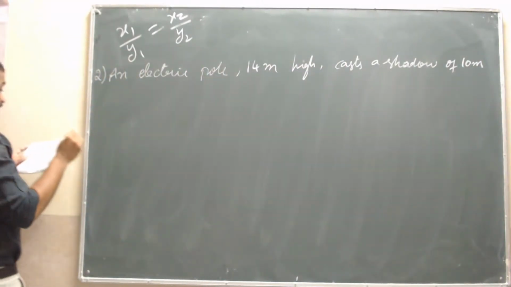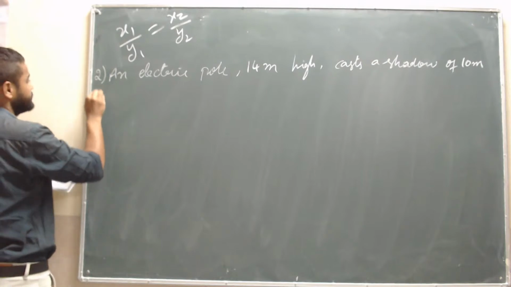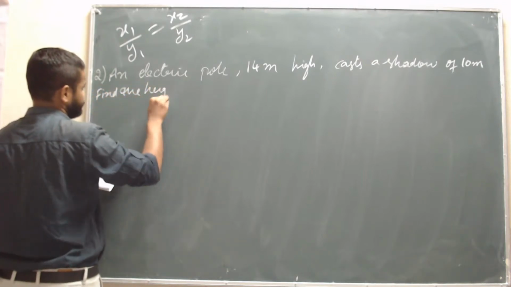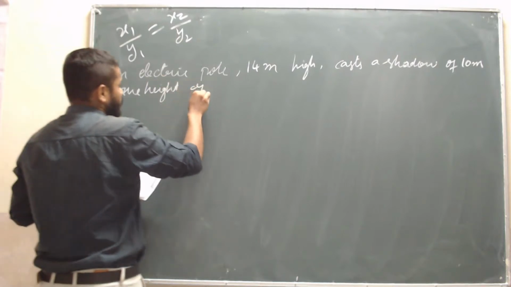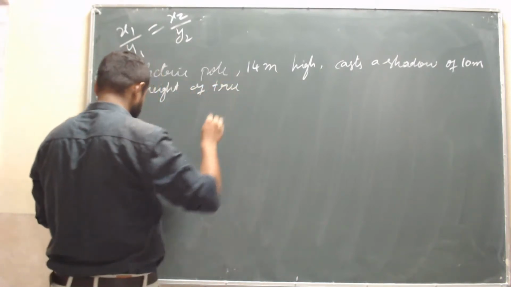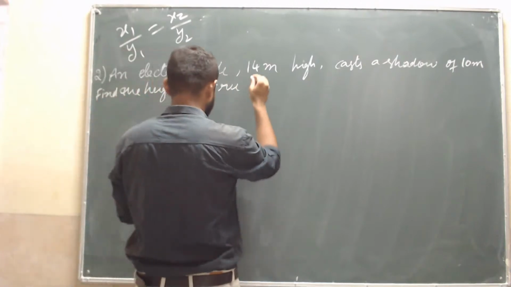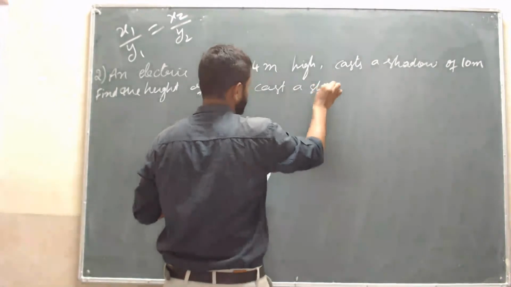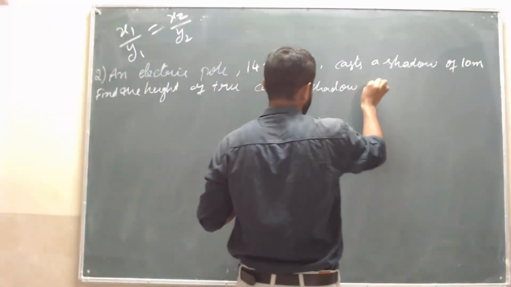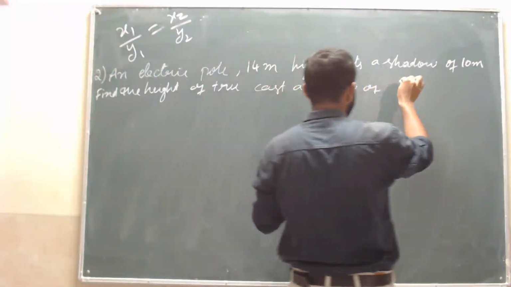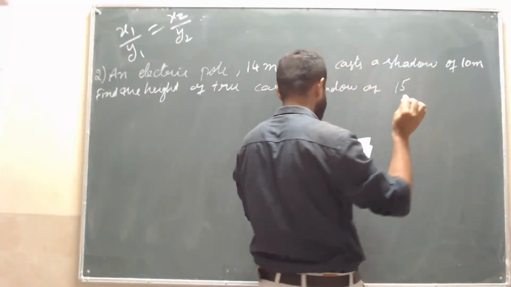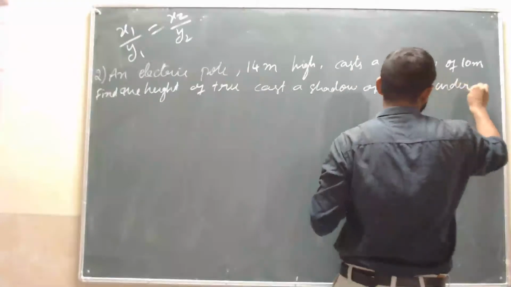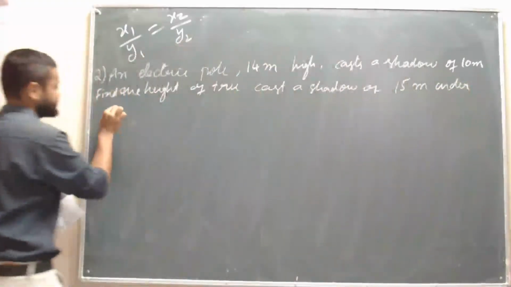Find the height of a tree that casts a shadow of 15 meter under similar condition.